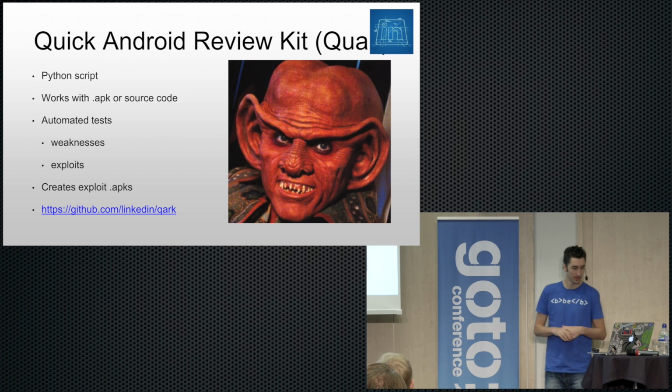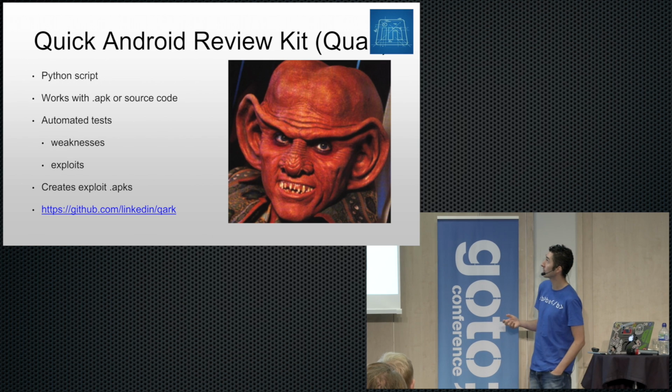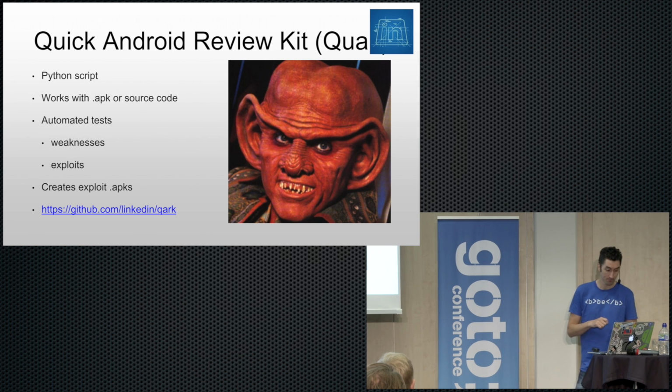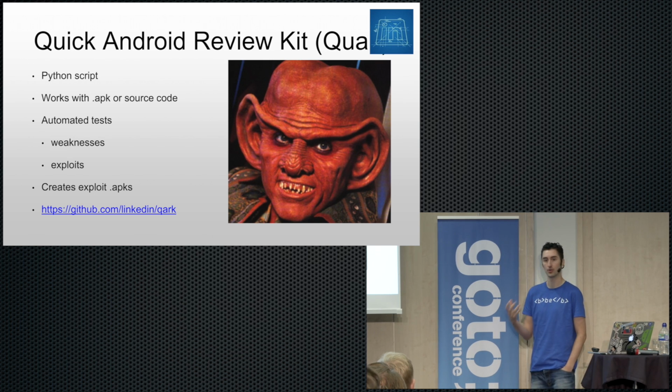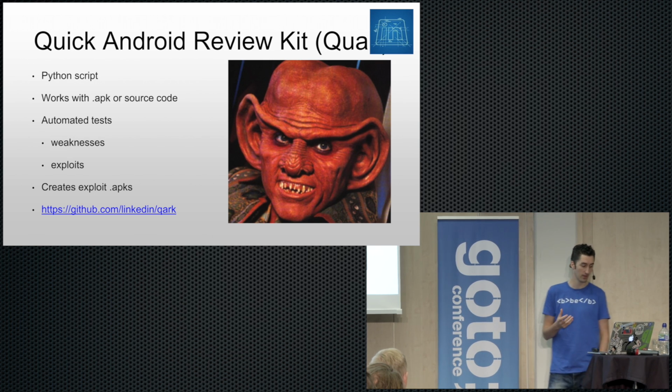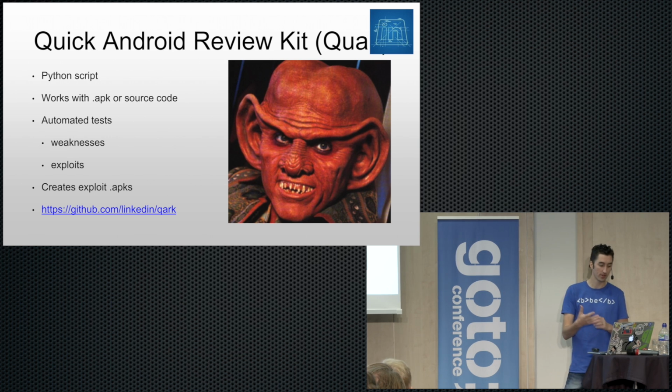The Quick Android Review Kit, which I can't help but think of as Quark, and that's just how I say it, and that's the face I see every time I see that library, is fairly new. It was open sourced a couple of months ago by LinkedIn. It's a Python script that you run against your app or your source code, and it gives you an HTML report about the weaknesses or any exploits that could potentially be done.